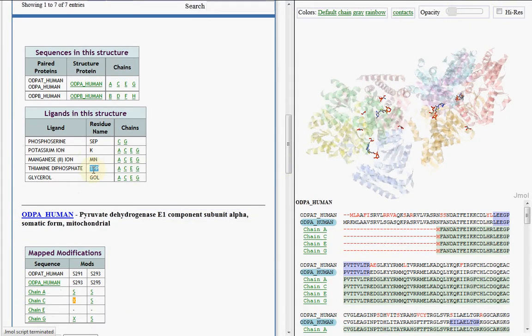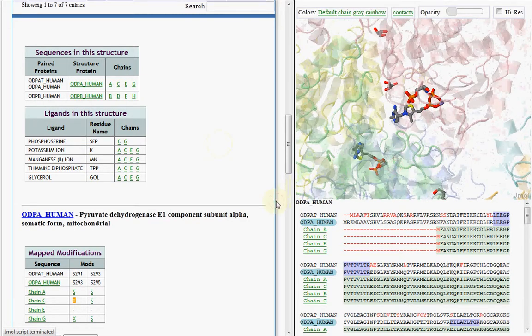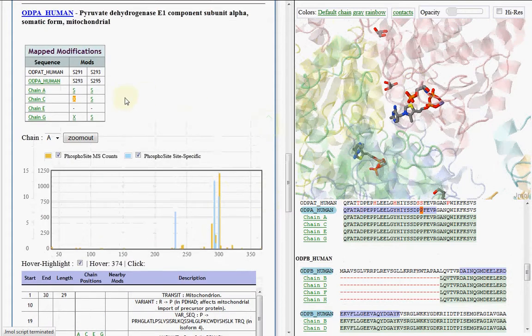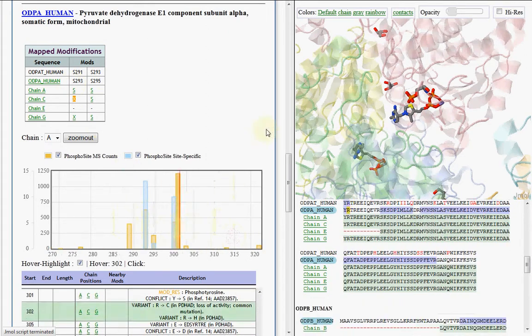The TPP ligand that I mentioned before is thiamine diphosphate, which is a derivative of vitamin B1. And if you zoom into chain C in particular, that's the location. Now there's an extra table down here indicating the modifications that were queried from the mass spectrometry dataset, and 2 of them were tied to this particular protein, serine 293 and serine 295, which are located in this cluster of phosphorylation sites.